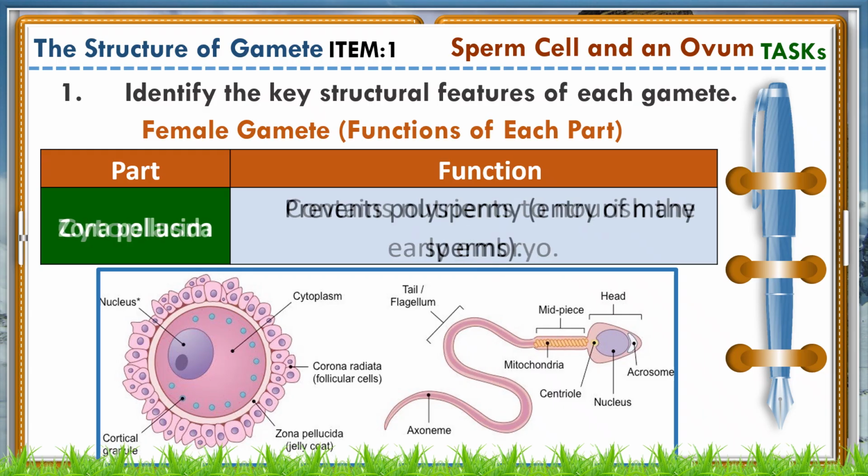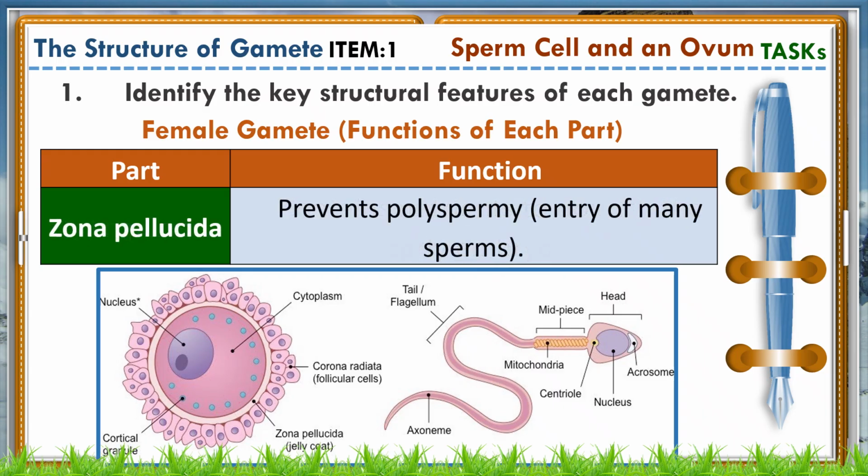We have another part which we call the zona pellucida. Zona pellucida is this layer here, the layer that surrounds the cytoplasm. That layer is what we call the zona pellucida.